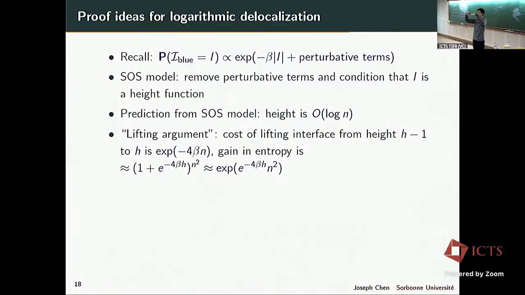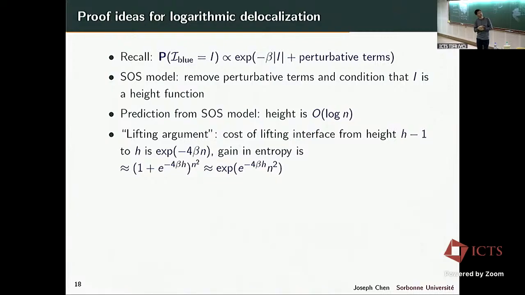So anywhere where I choose to drop back down to 0, I add 4 more faces to my interface. And so this costs me a factor of e to the minus 4 beta. But the point is I can choose to do that in each of the n squared locations. So that choice is like a factor of 1 plus e to the minus 4 beta, to the power of n squared, because I can make that choice in each of the n squared places.